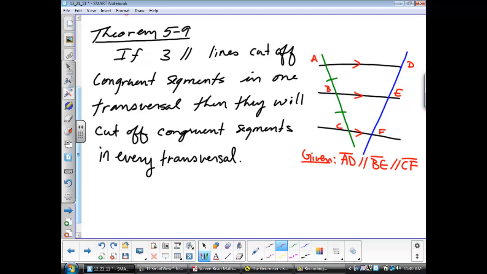Taking notes because I keep you talking. Also given AB and BC are congruent. Then what we want to prove is that DE and EF are congruent.